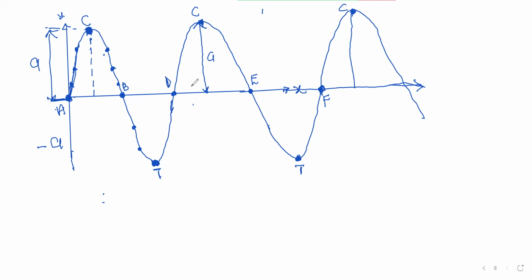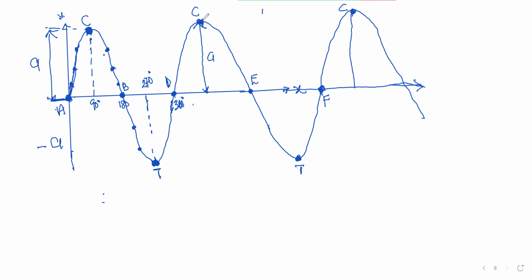So if you recall, when we're plotting simple harmonic motion, we're given angles. This is 0, this is 90, this point B is 180, this is 270, this is 360.